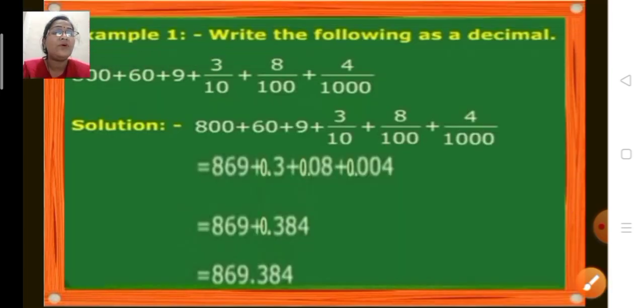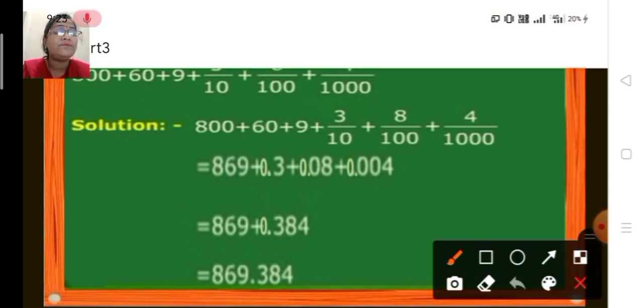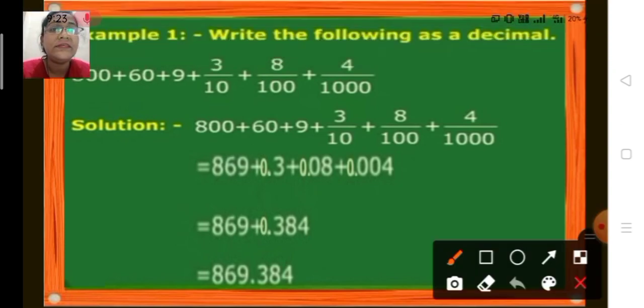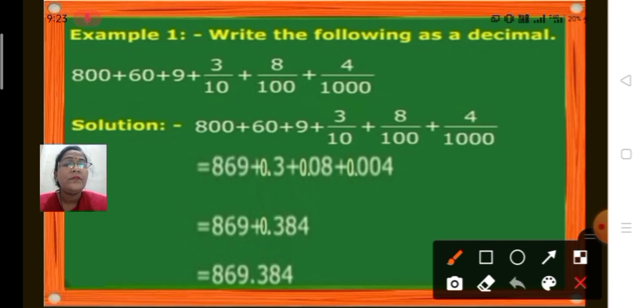Next we will solve a few problems, and first is write the following as decimals. Children, here the given number is in expanded form. We need to write this expanded form in decimals. So the question is 800 plus 60 plus 9 plus 3/10 plus 8/100 plus 4/1000.